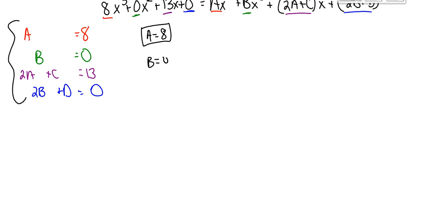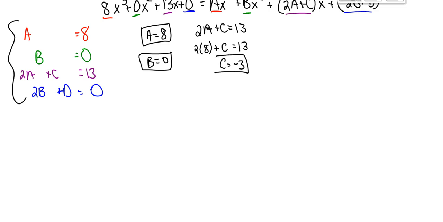I know 2A plus C is 13. And since A is 8, 2 times 8 plus C is 13. So that's 16, and 13 minus 16, C is negative 3. And then for D, oh, excuse me, 2B plus D equals 0, and that is going to be 2 times 0 plus D equals 0.